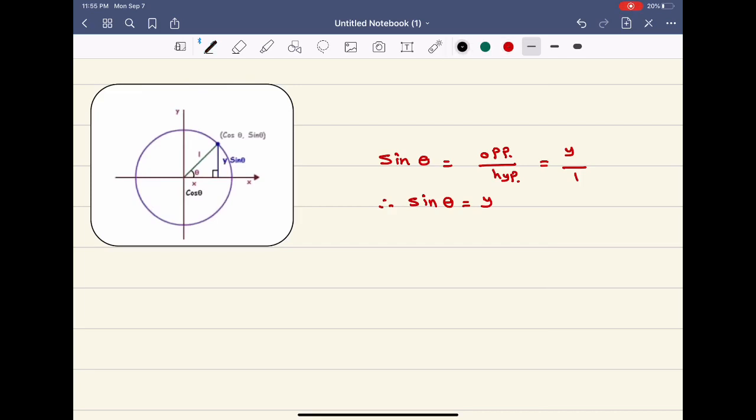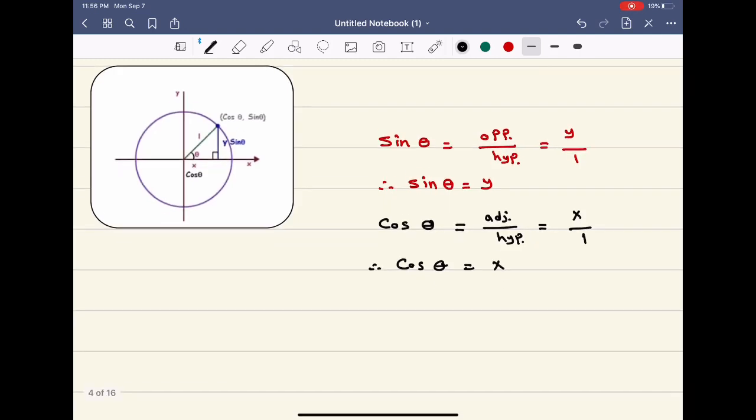And cosine of angle theta equals adjacent over hypotenuse, and the length of the adjacent is the length of x, so the adjacent is x over the hypotenuse, which is the radius length, equal to 1. Therefore cosine of theta equals x.